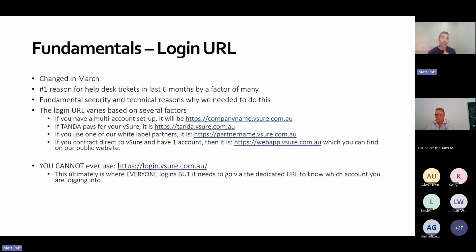And it is related to security, it's related to single sign-on, it's related to a number of technical reasons why you have to log in from your dedicated URL. Hopefully that makes sense to people. Hopefully everyone knows what their URL is and you do bookmark it and are aware of that moving forward.